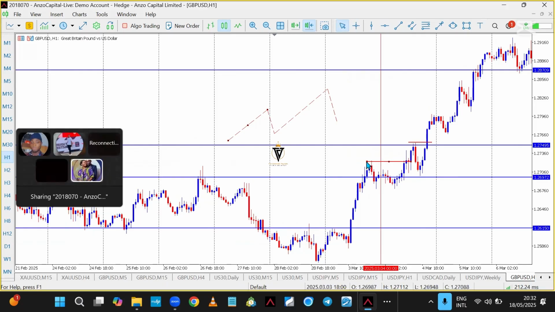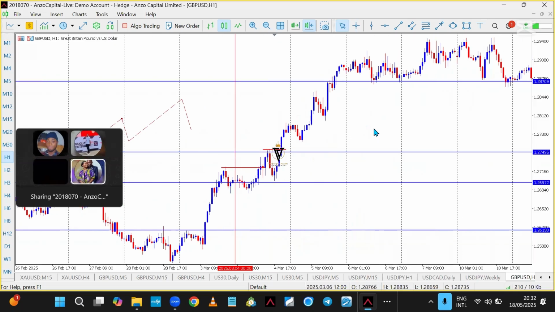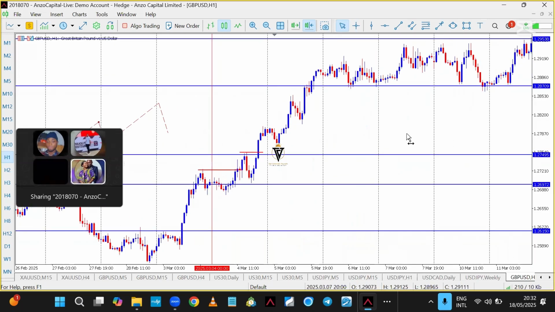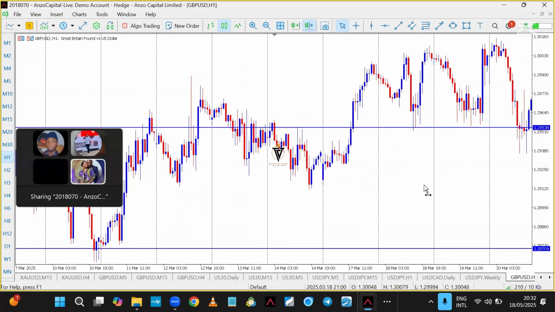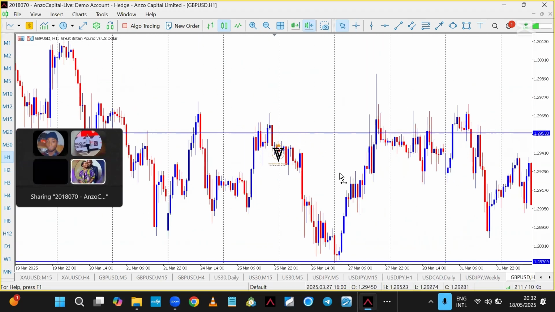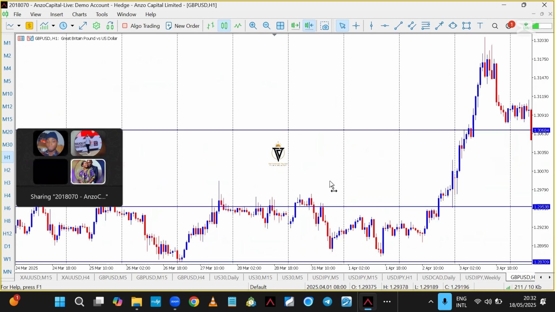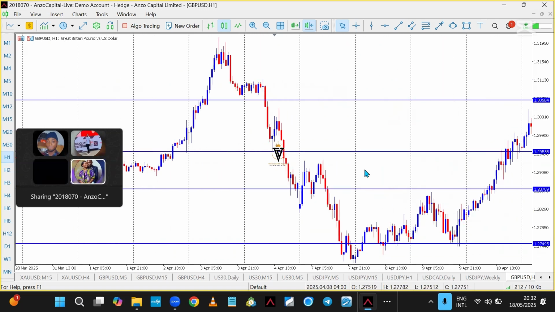With this knowledge, you will be able to determine whether you should add structure to this, and then you will grow from there. Stick to one thing that works. Like I said again and again, don't just trade demand and supply alone. Add other things to it. Some people use Fibonacci.